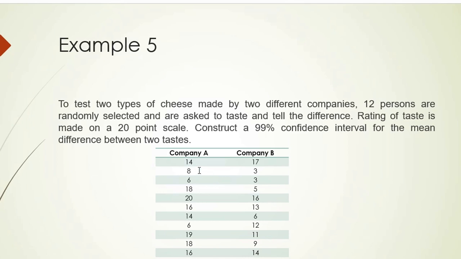The same person is tasting two things, and the next person is tasting two things. So these two readings taken from the same person will be correlated. It means these two readings are dependent on each other.